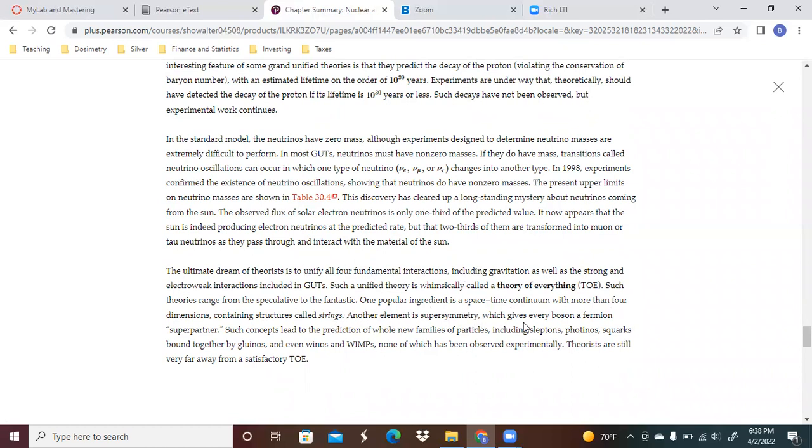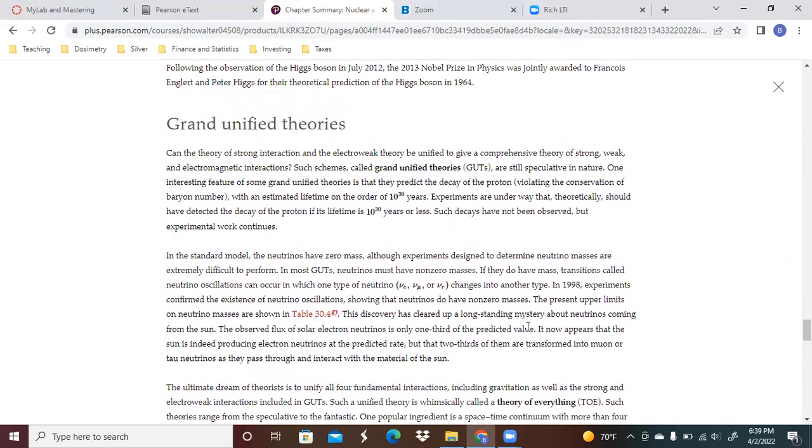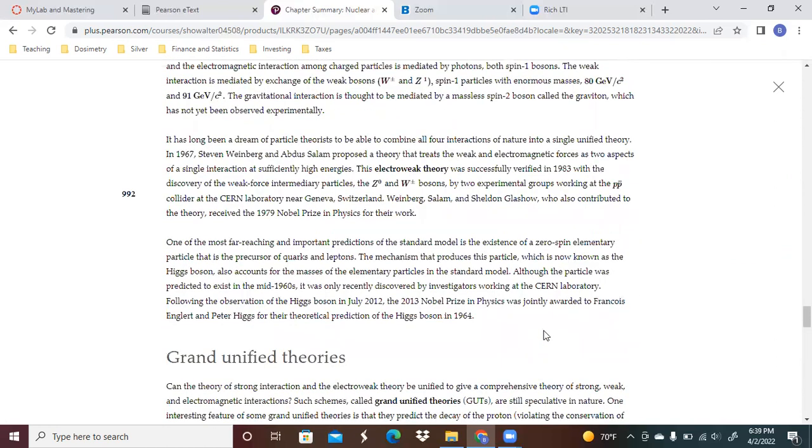Another element is supersymmetry, which gives every boson a fermion superpartner. Such concepts lead to the prediction of whole new families of particles, including leptons, photons, quarks bound together by gluinos, and even winos and WIMPs. Basically, they're trying to figure out exactly what all of the rules are, and it's going to take time.